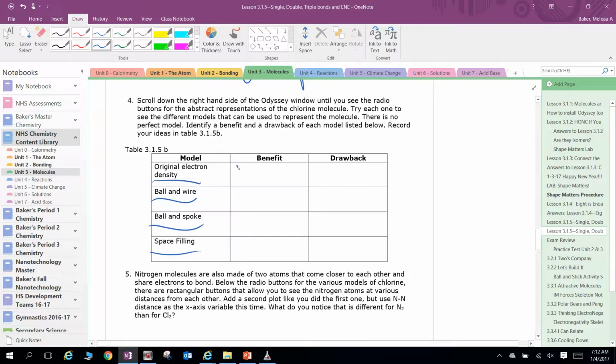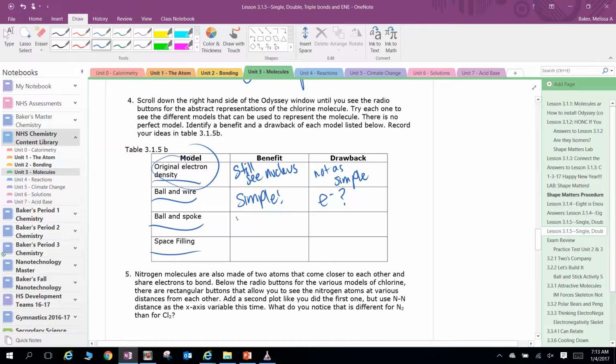So a benefit, you can still see the nucleus of the atom with just kind of that faint cloud. A drawback of it is it's not as simple. The ball and wire was very simple. And I would say the opposite, the drawback is, where are the electrons?